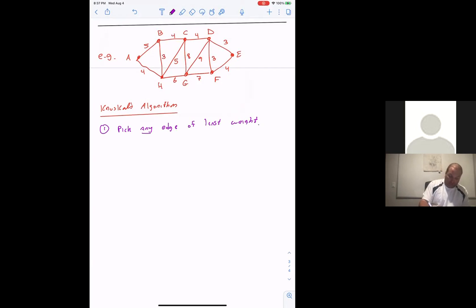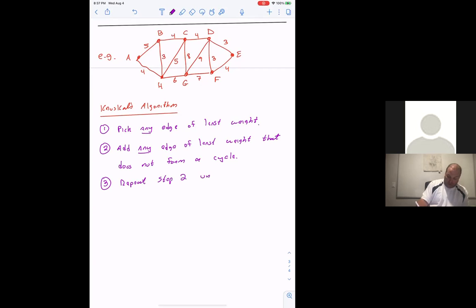Pick an edge of least weight. Step 2, add any edge of least weight that does not form a cycle. Step 3, repeat step 2 until done.